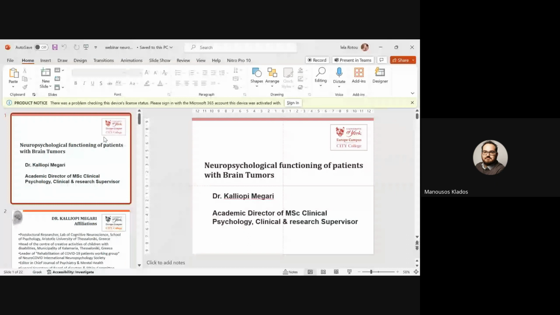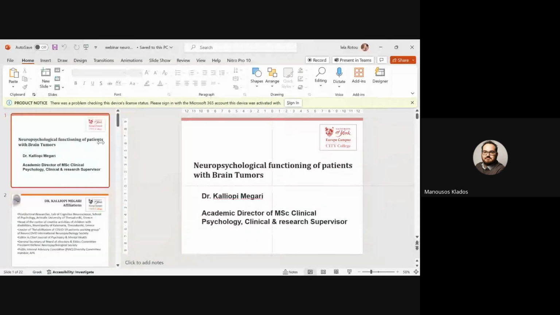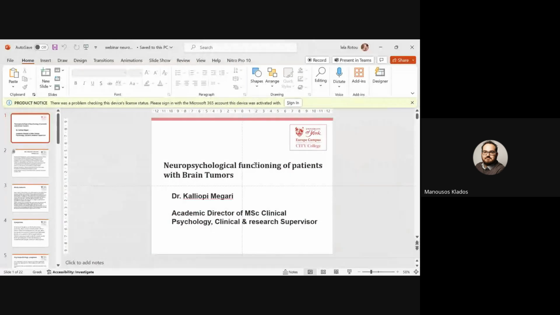Yes, again, we can see that, but listen to me, please. We see also the slides on the left side. If you go on the lower ribbon where it says 58%, you see the minus. Yes, I see. Okay, the previous icon, this one, press it, please.